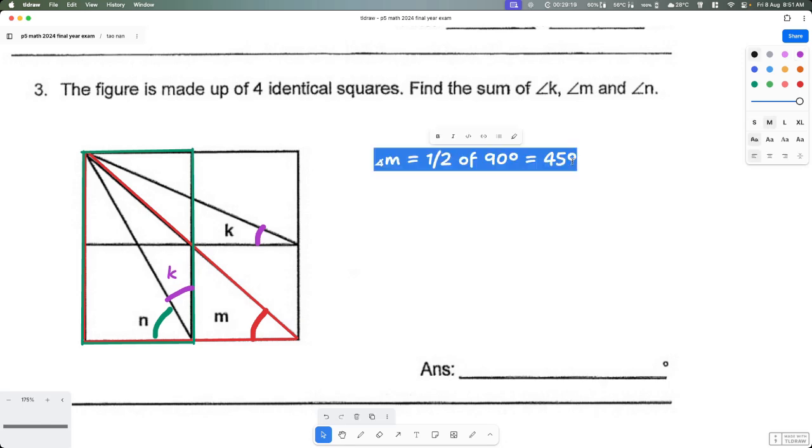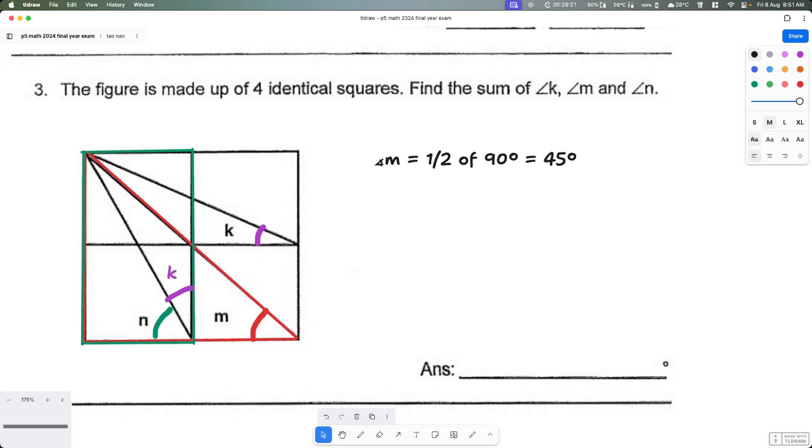Angle K is the angle beside angle N, so that means angle K plus angle N is equal to 90 degrees.